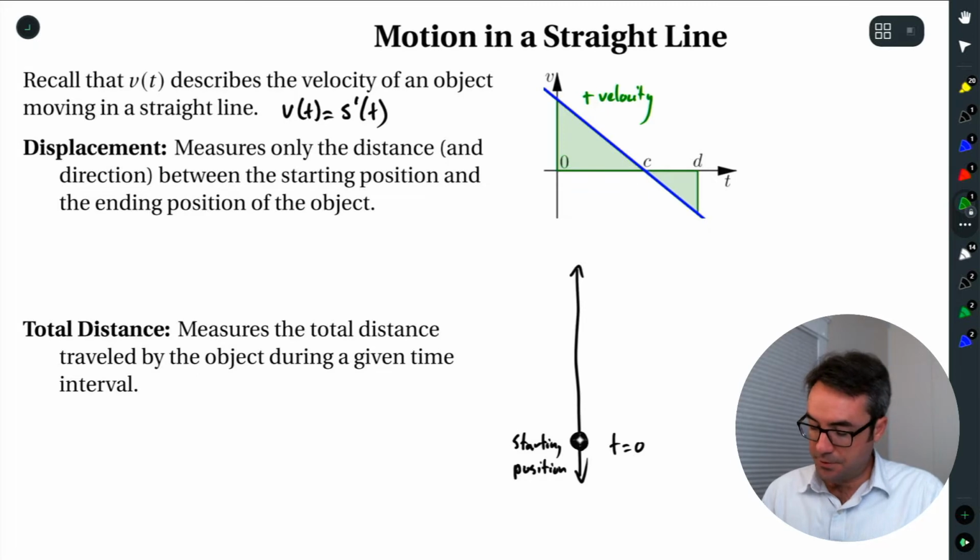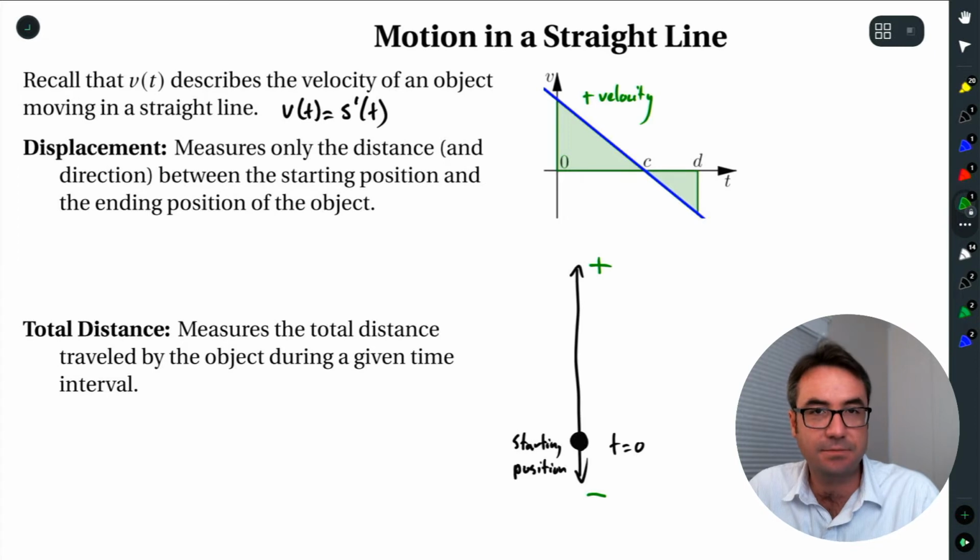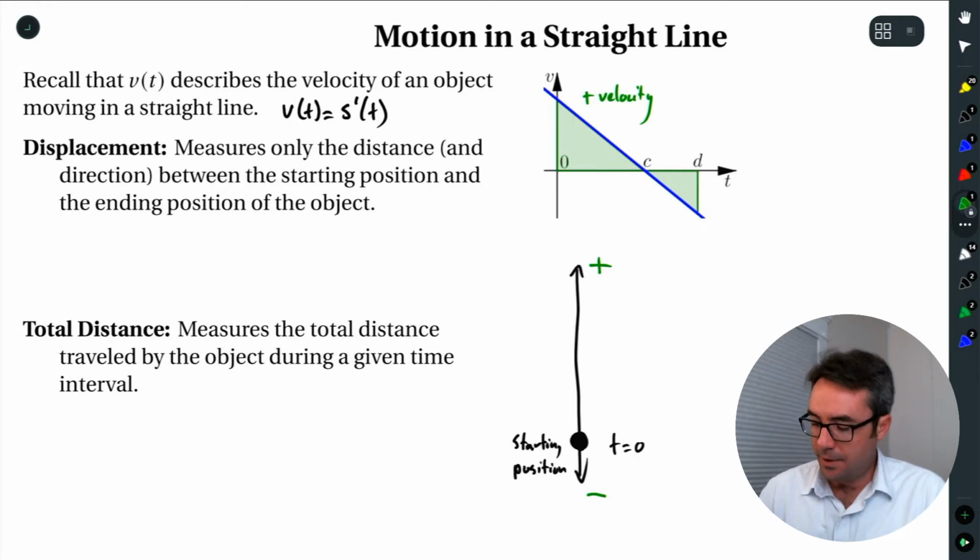Let's suppose, based on this object in this straight line, that up is the positive direction and down is the negative direction. Think of the y-axis. Normally we use up as positive and down as negative, so we'll use that here. In this interval from 0 to c, our velocity is positive.